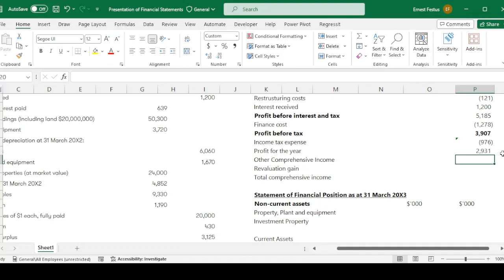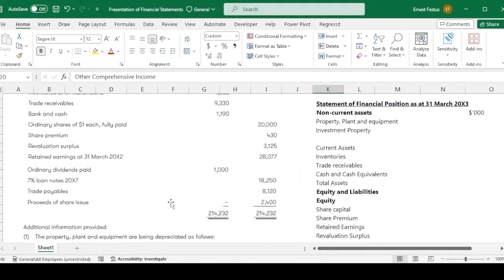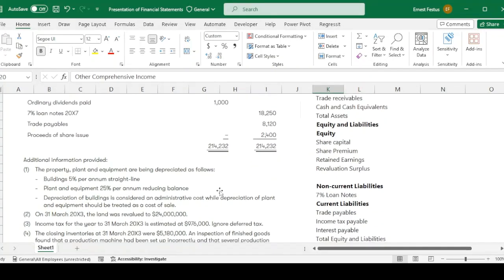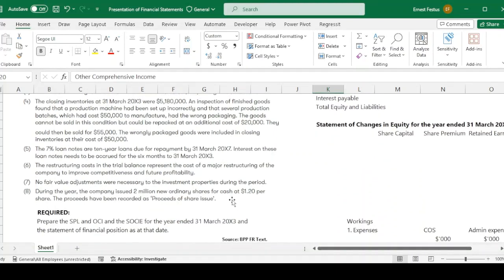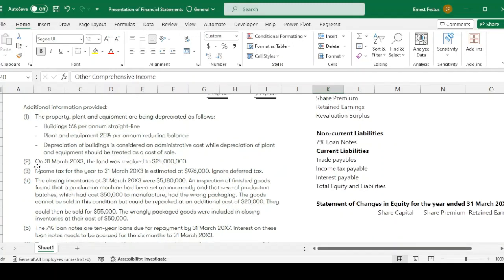So we have 2931, and then we have our other comprehensive income, and the other comprehensive income here is the revaluation surplus. Now we have a revaluation surplus which we haven't dealt with in our PPE schedule, which means there is a bit of work to be done. So note 2 says that on 31st March 20x3, the land was revalued to $24,000.